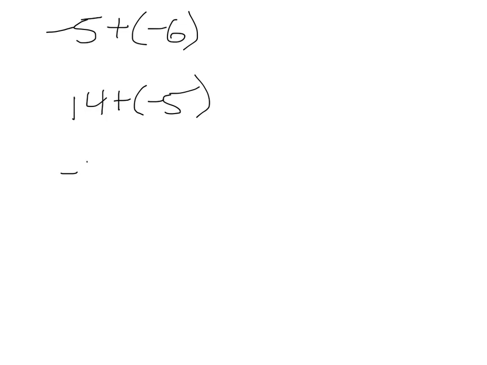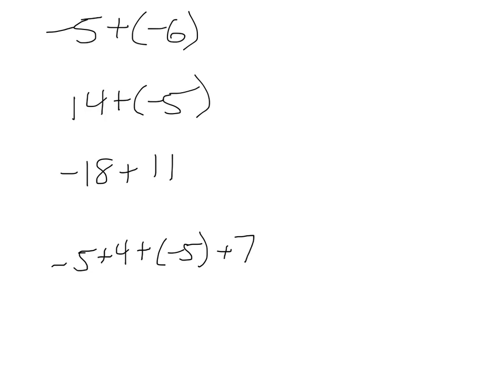Let's do negative 18 plus 11. And then I want you to try this one: negative 5 plus 4 plus negative 5 plus 7. And see what you get when you do that one.